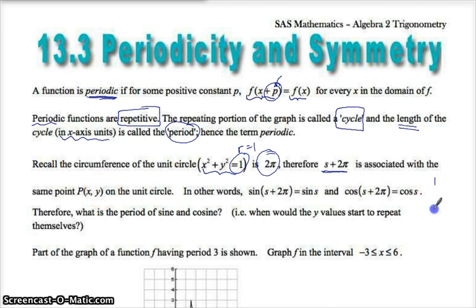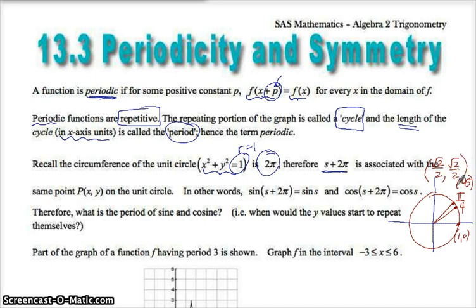If we look at the unit circle, here it is. This has a radius of 1. Let's just do pi over 4, which is a 45-degree angle. At pi over 4, that ordered pair is 1 over root 2, 1 over root 2.